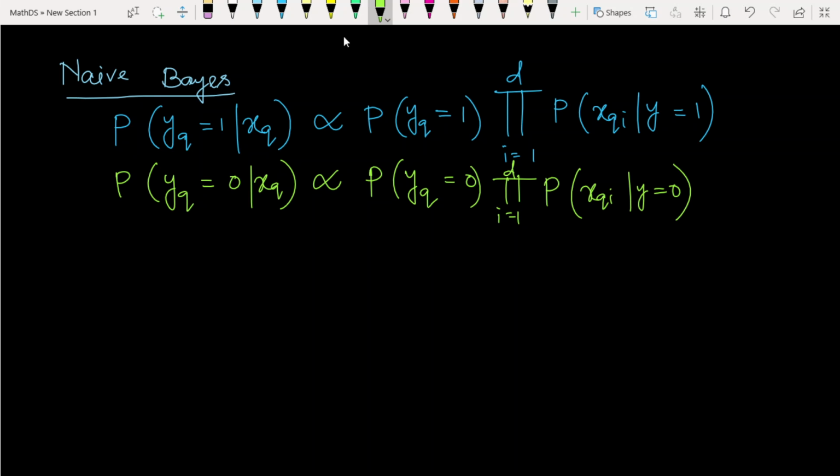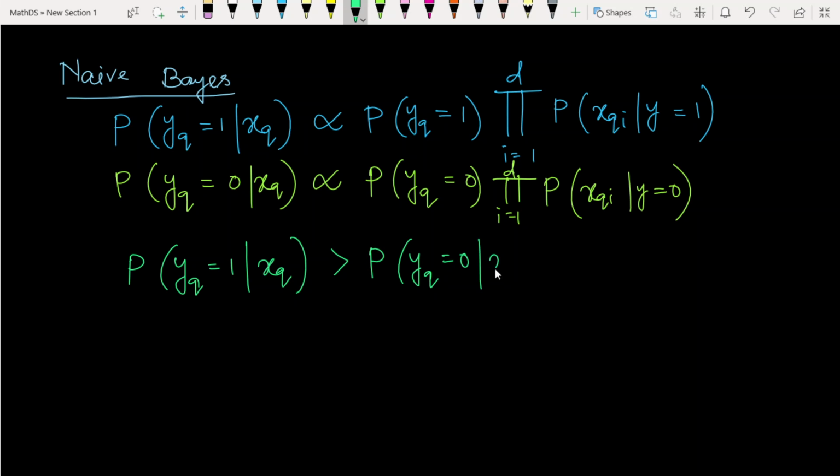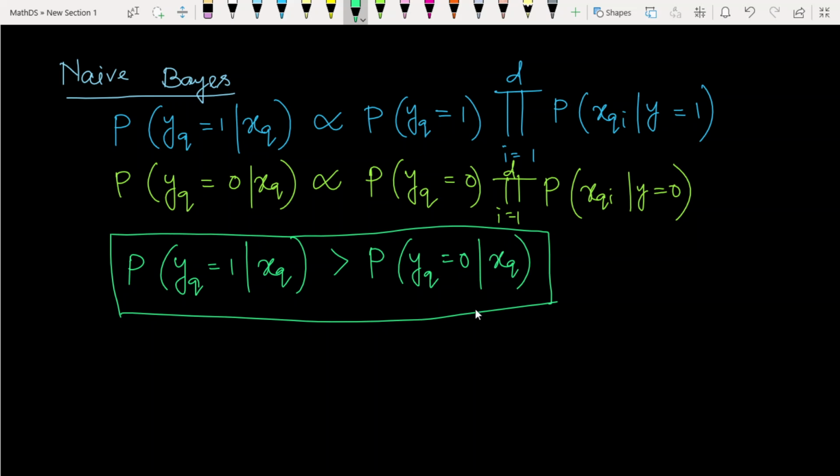If we get the probability of yq equals 1 for a query point xq greater than or equal to the probability of yq equals 0 for the given query point, then we can conclude that our class label yq belongs to class 1 and does not belong to class 0.